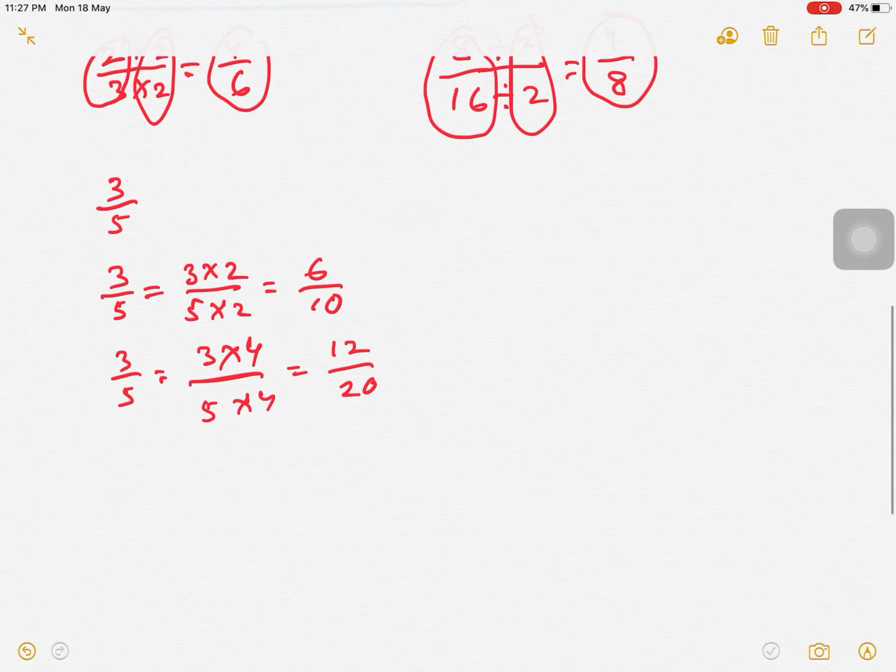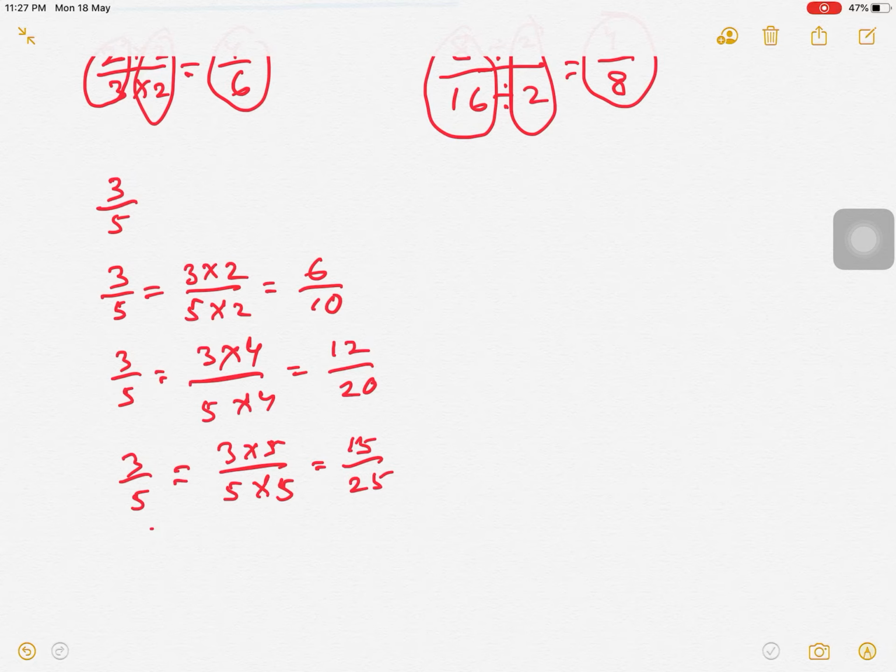If I multiply 3 by 5, so 3 into 5, 5 into 5, I also get another equivalent fraction. So in this way, by multiplying 3 by 5 by different numbers, I get different equivalent fractions of 3 by 5.